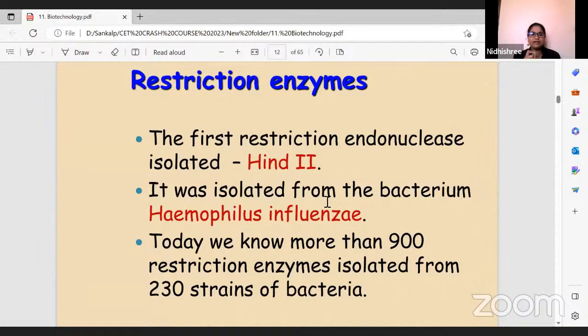First restriction endonuclease isolated was Hind II. It was isolated from the bacterium Haemophilus influenzae. Please do remember that. Today we know more than 900 restriction enzymes isolated from 230 strains of bacteria.